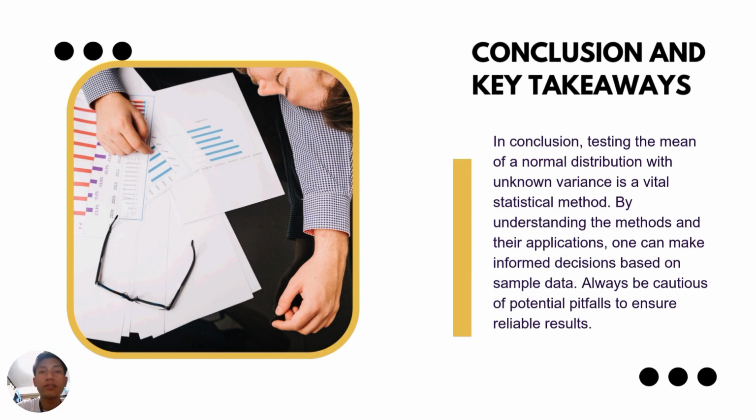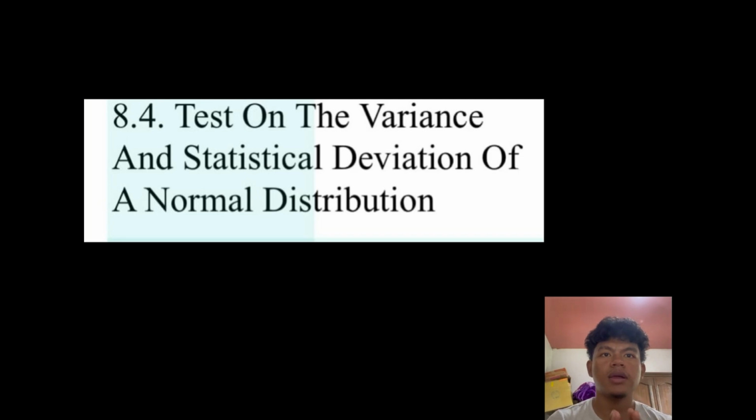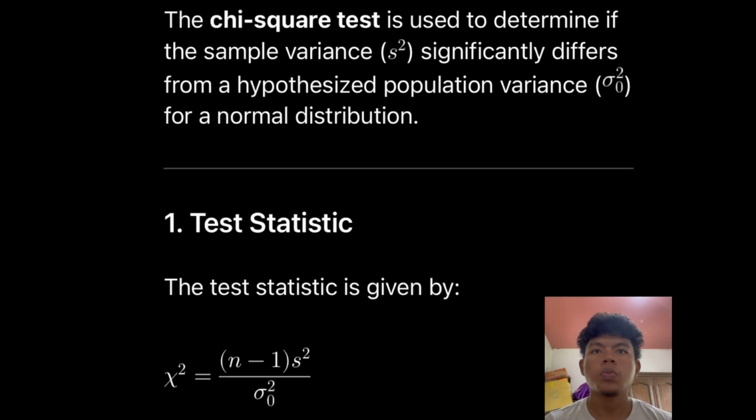So, we're going to discuss the test on the variance and the standard deviation of a normal distribution. The chi-squared test is used to determine if the sample variance significantly differs from the hypothesized population variance for a normal distribution.